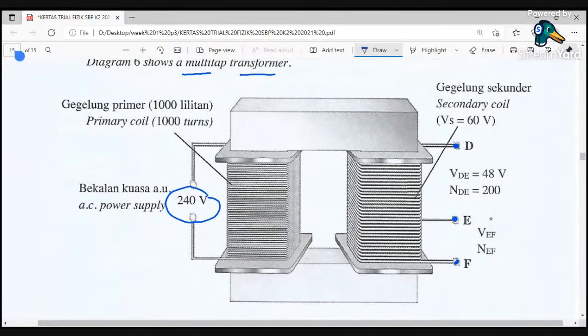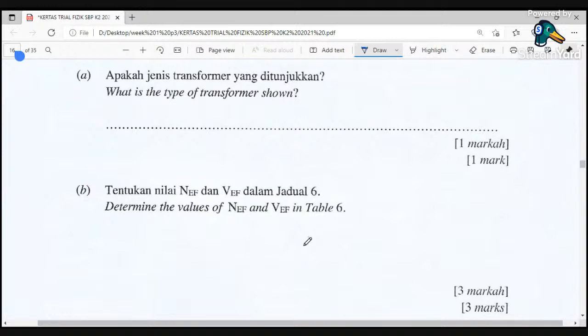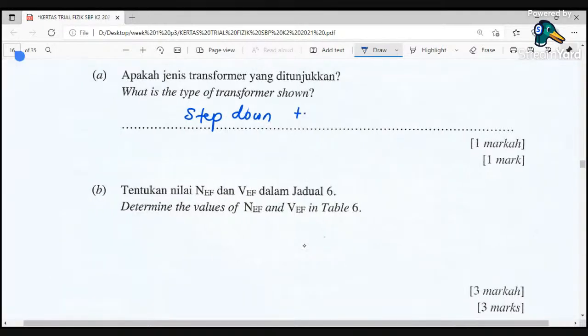For secondary coil is smaller, 60 volt. So it means step-down transformer. There are two types of transformers, step-down or step-up transformer. So in this case, step-down transformer.